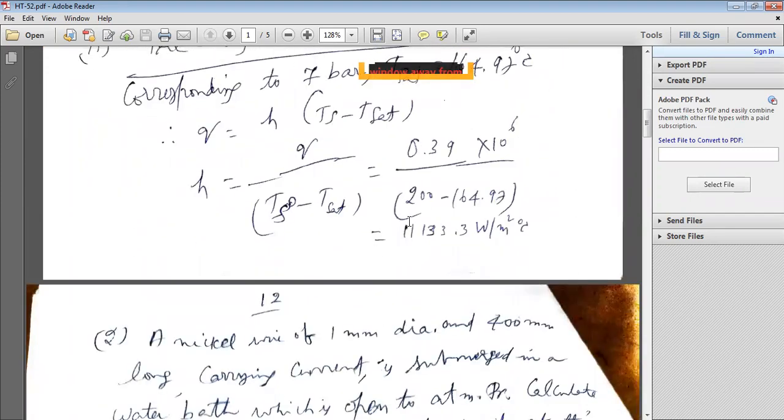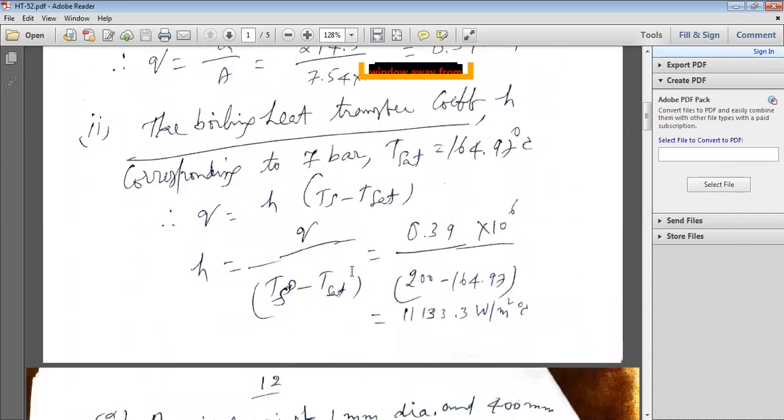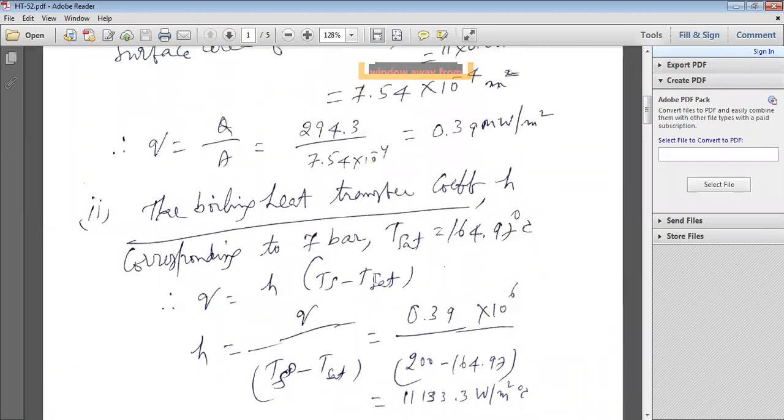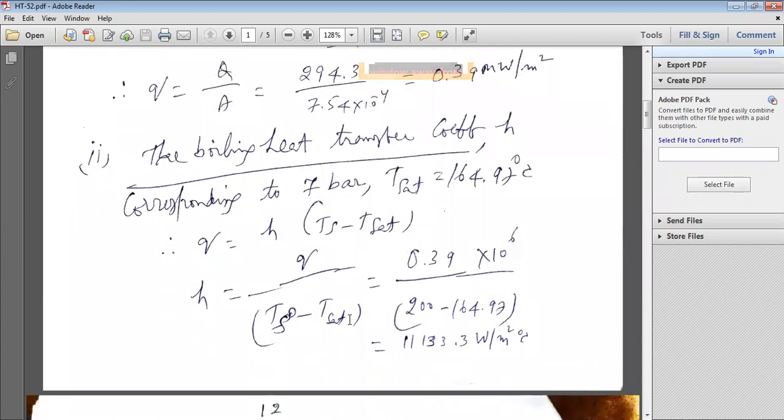But how do you calculate saturation temperature? You have submerged this wire in the water and you are heating the wire. Whenever you heat the water and it reaches some temperature at a given pressure, boiling takes place. That temperature is known as the saturation temperature corresponding to the given pressure.